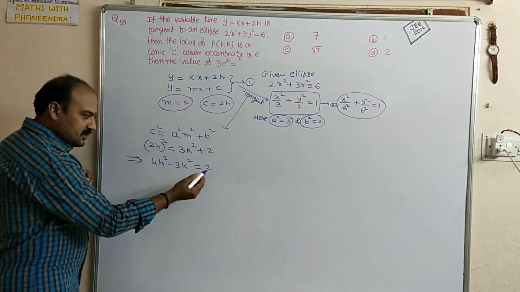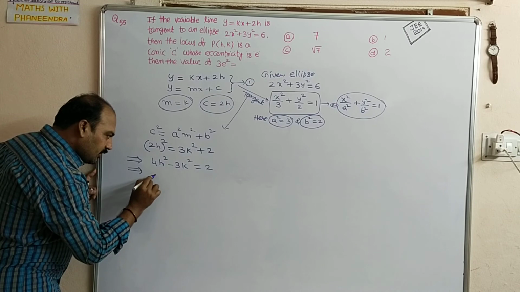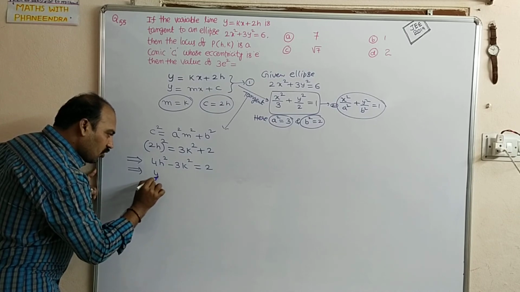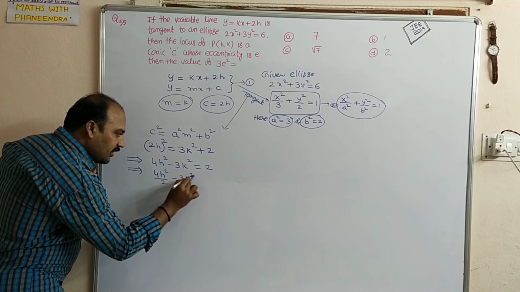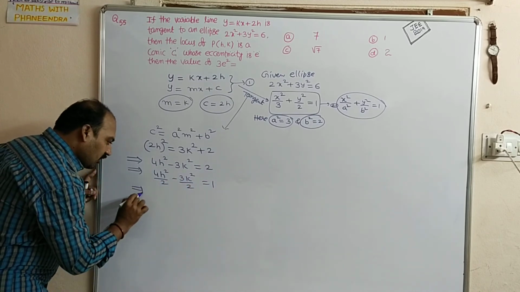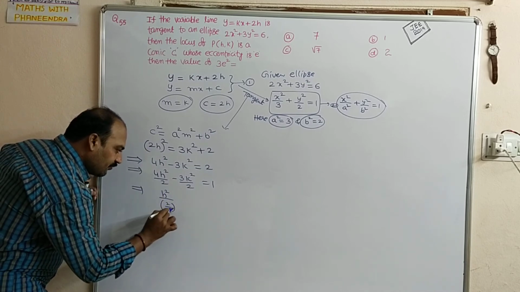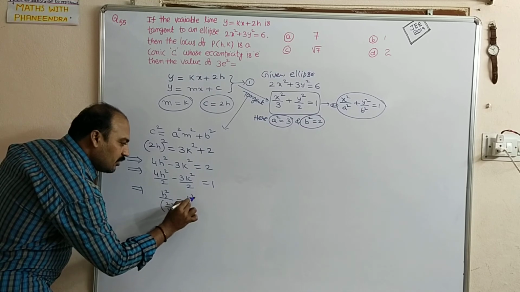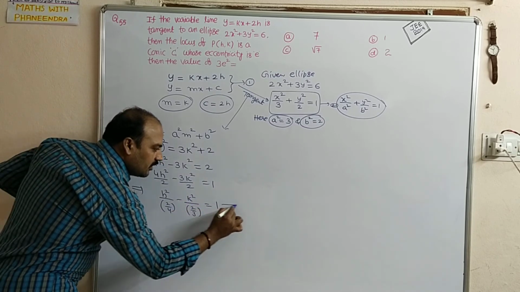After reaching this step, dividing by 2, it will become 4h square by 2 minus 3k square by 2 is equal to 1. We can write it as h square by (2 by 4) minus k square by (2 by 3) is equal to 1.